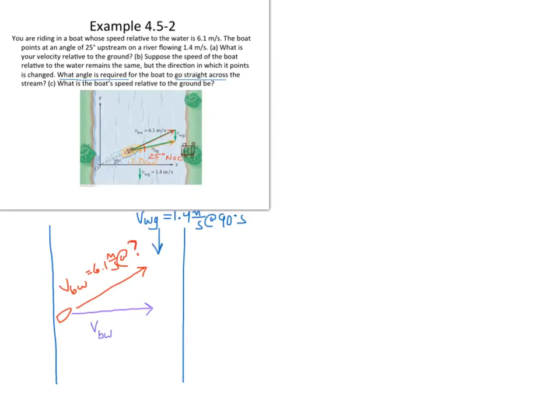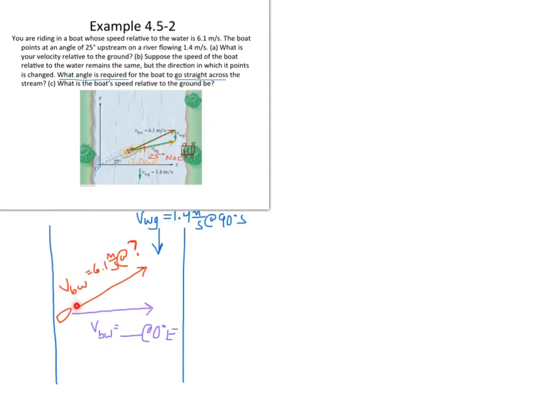Okay? We actually don't know the magnitude of that vector, at least not yet, but we do know that it is at 0 degrees east. We want the direction of this vector to be 0 degrees due east. Okay? So that's what we're saying.